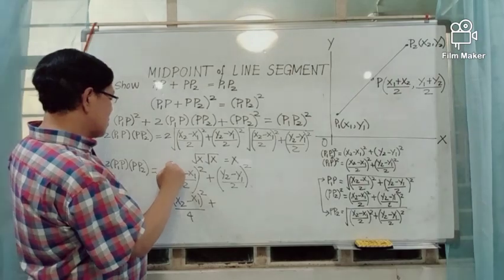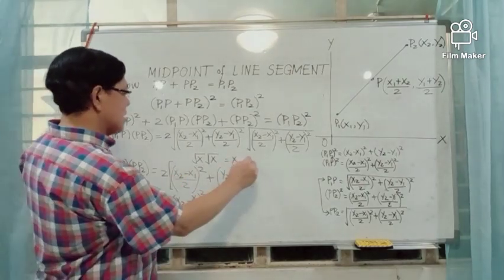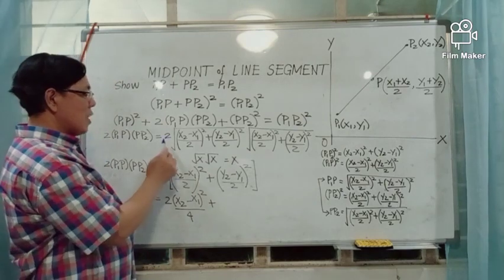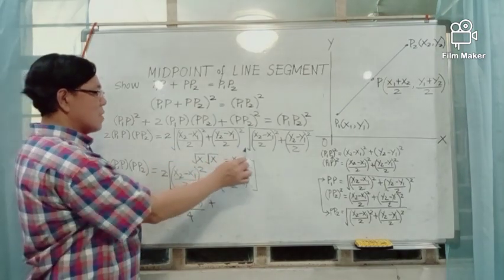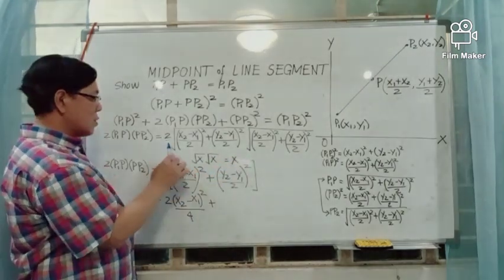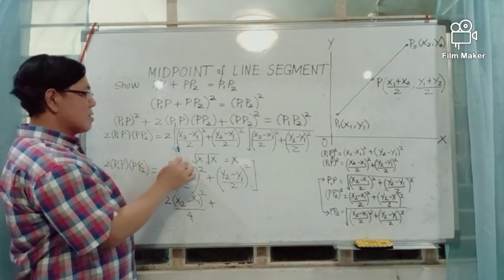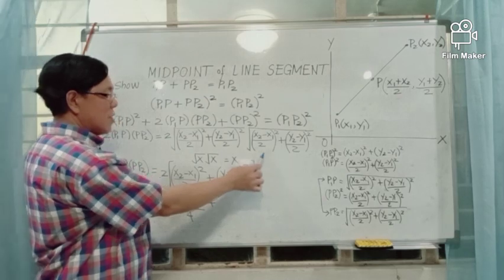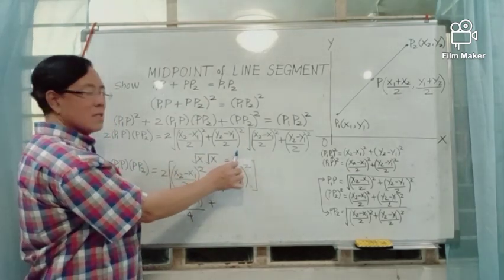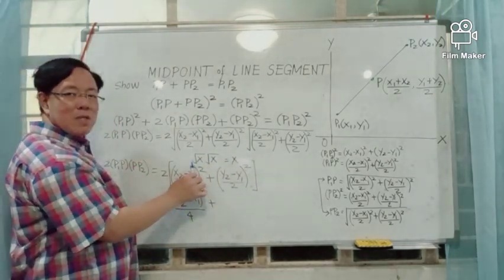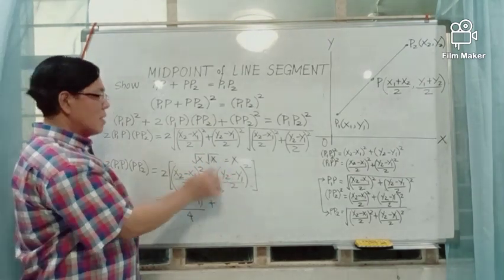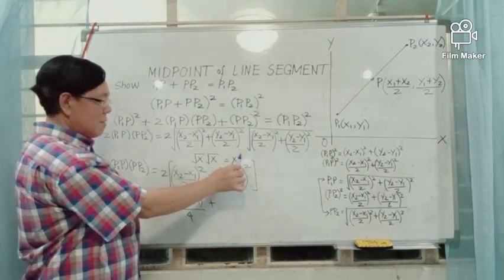This is 2 times the radical. Because we have 2 times the product of this radical expression and this radical expression, it is simply the radical. By this property, the root of x times the root of x simplifies to x, and x is this radical.